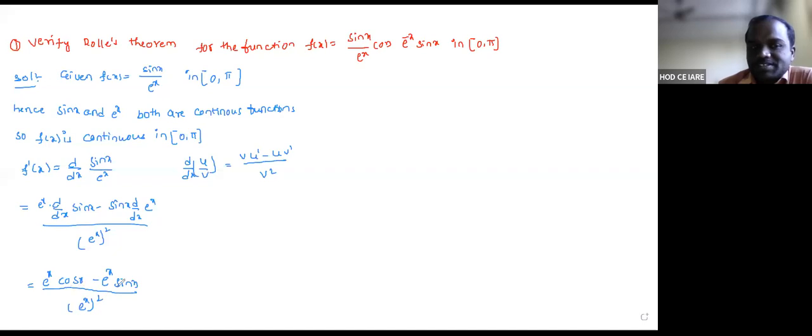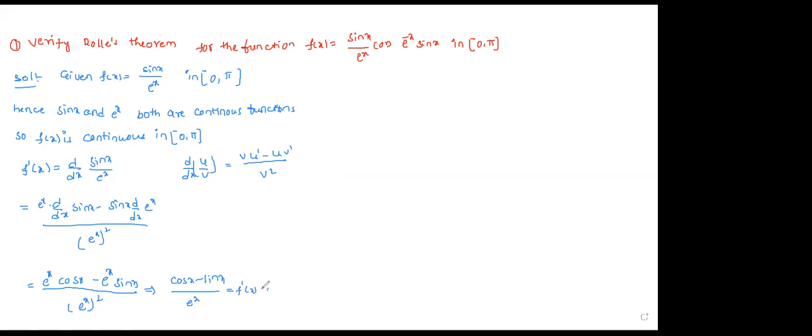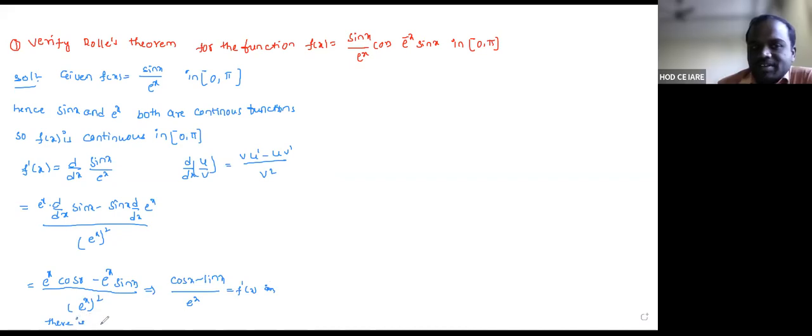So taking e power of x common, you can write cos x minus sin x by e power of x. That is the f dash of x value. It is derivable in the open interval of a comma b. The second condition is also satisfied.